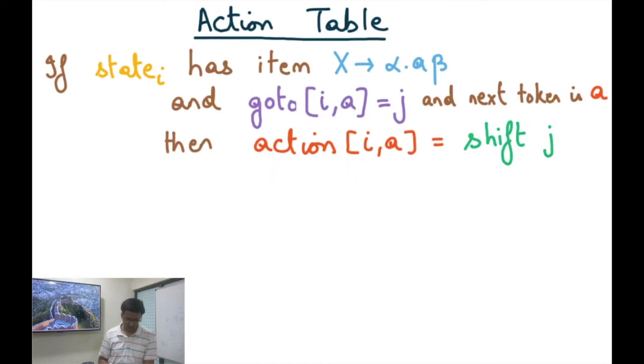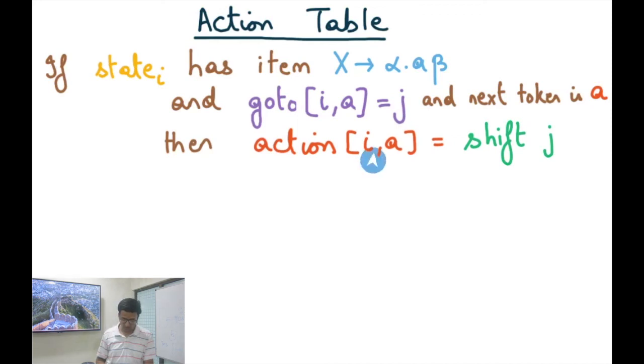All right. Say I'm in state I, and that state I has the item X produces alpha dot A beta, so the dot is just before this terminal symbol A, and goto I A equals J, which means that in the automaton, if you consume A starting at state I, then I go to state J. If the next token in my input stream, the lookahead token, is an A, then action I A is shift J. That basically represents what action to take in this situation.